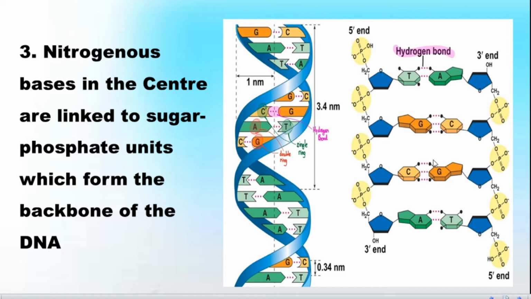You have to be able to say the sugar and phosphate units are the backbone of the DNA. Or we can say it is the backbone for the nitrogenous bases. So which are the nitrogenous bases? Adenine, guanine, cytosine, thymine. So these are the nitrogenous bases, and they are supported by the sugar and phosphate.